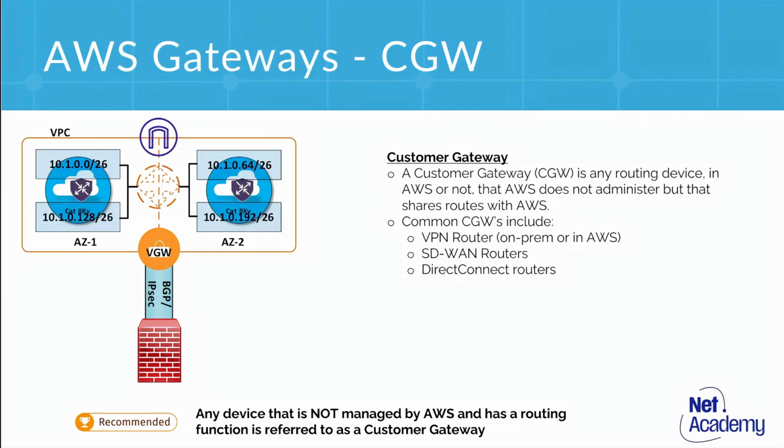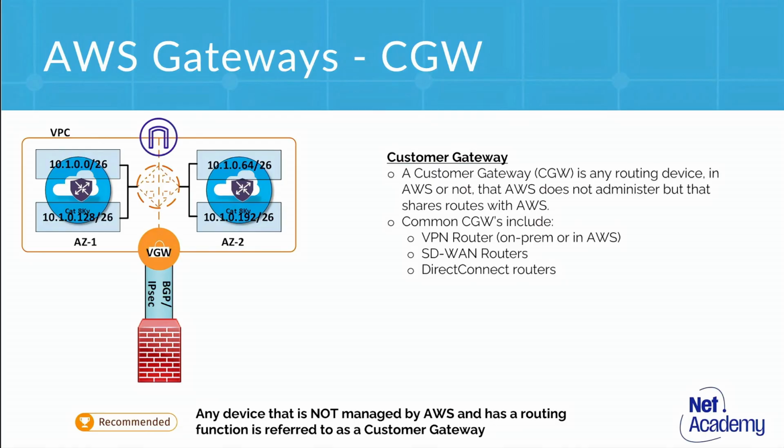If you were to have private circuits, that's called Direct Connect with AWS, the routers that those Direct Connect circuits terminate on, the fiber has to plug in somewhere. The router that plugs into, or at least that holds the BGP adjacency on your Direct Connect, is also an example of a customer gateway.